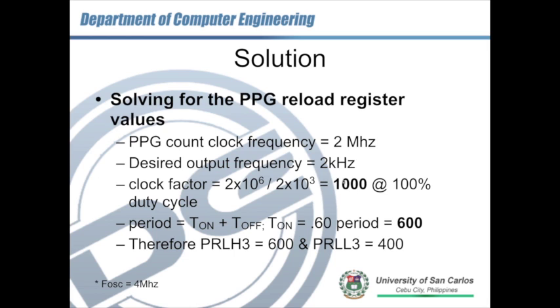This factor of 1000 is the number of counts at 100% duty cycle. It means the entire period of the pulse has 1000 counts. Obviously, since it's 1000 counts, to achieve an output frequency of 2 kilohertz we are not going to use an 8-bit resolution here, because the count is more than 256.